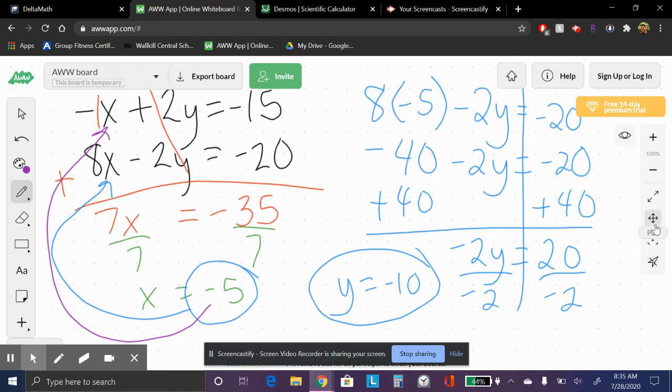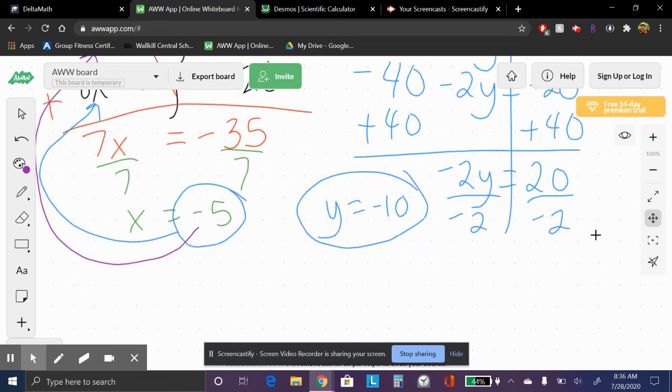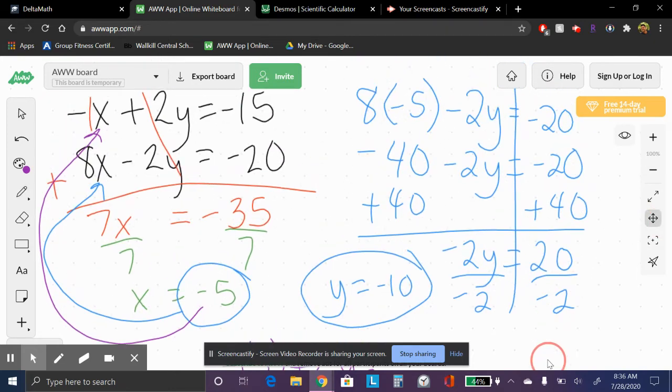So we have negative of a -5 plus 2y is, what was it? -15.